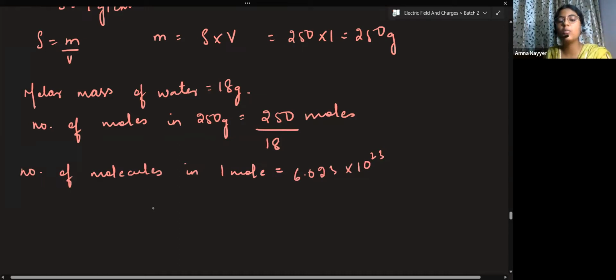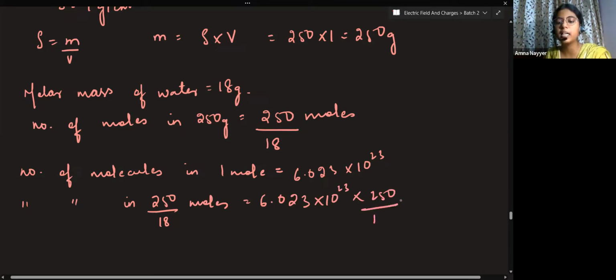Now if I ask you the number of molecules present in this much moles, you will simply multiply it with this. So number of molecules in 250 by 18 moles will be 6.023 into 10 to the power 23 multiplied by 250 by 18. Just tell me, is it clear till here?